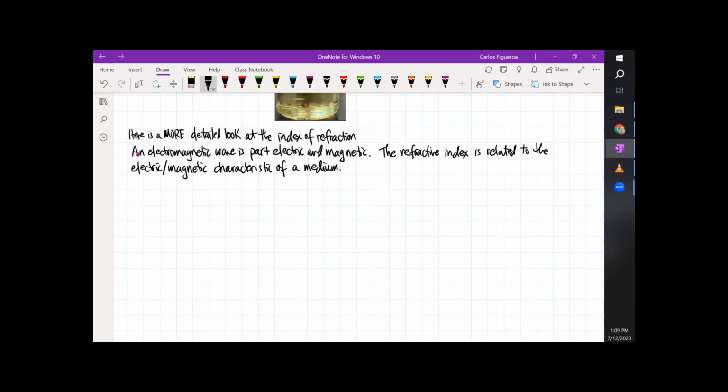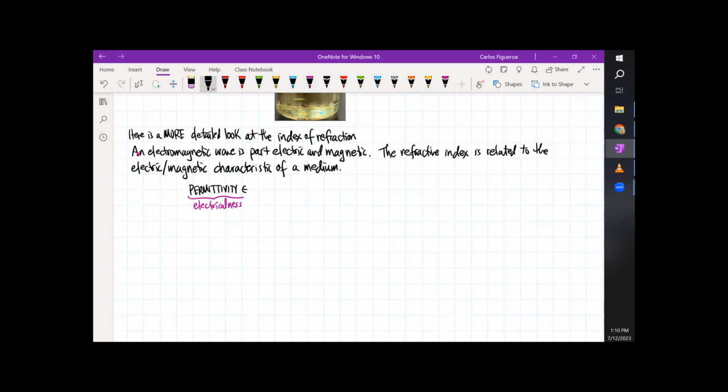And here's what you find. What we measure is that there's this thing called the permittivity. And we typically define this as the symbol sigma here, or epsilon, and this really tells us about the electricalness of a material.